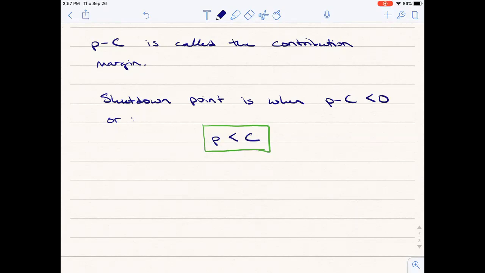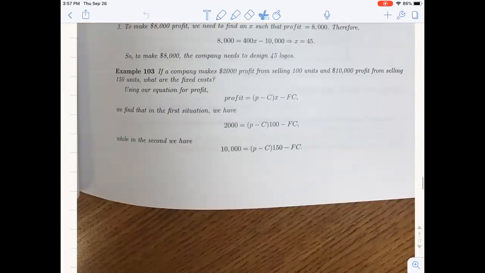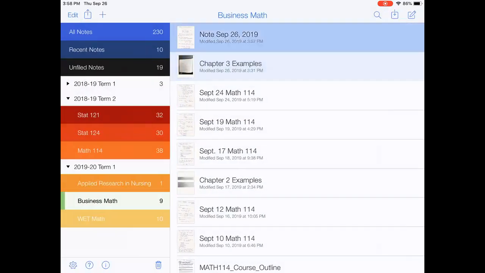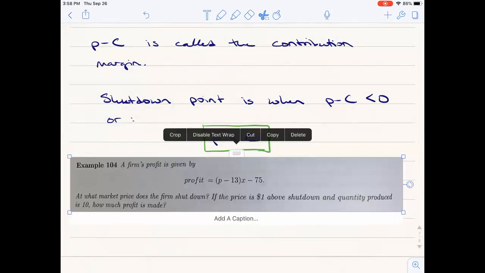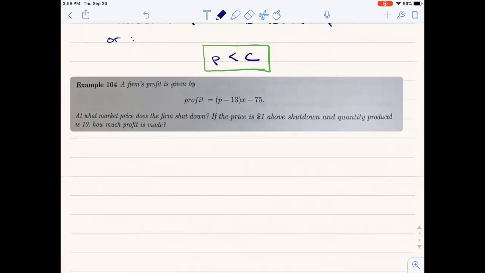Let's do an example, example 104. Looks like this. So a firm's profit is given by the profit function P minus 13x minus 75, right?